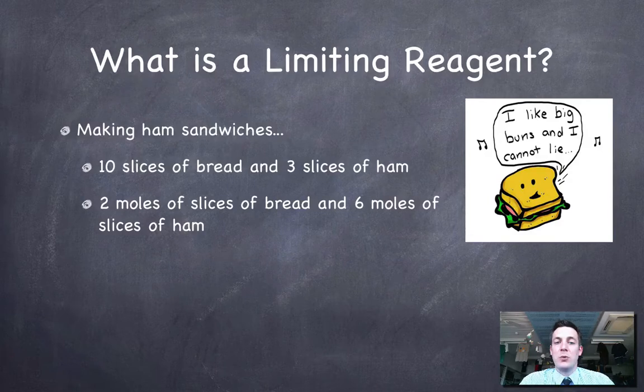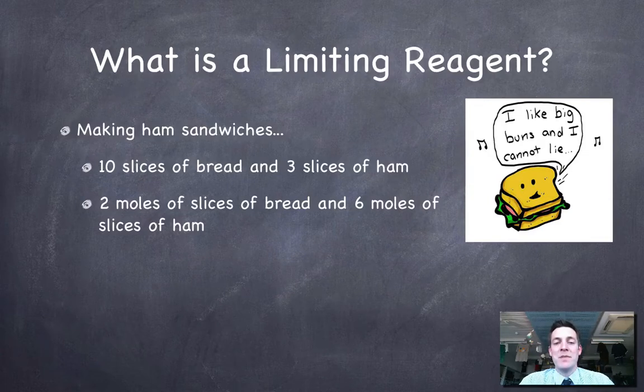Well, I need twice as many slices of bread as I need slices of ham, right? So I'd only use up 1 mole of slices of ham. In other words, in this case, my slices of bread are the limiting reagent, and my ham is in excess. In fact, I'd have 5 moles of slices of ham in excess, which would presumably feed the population of the world for quite some time.